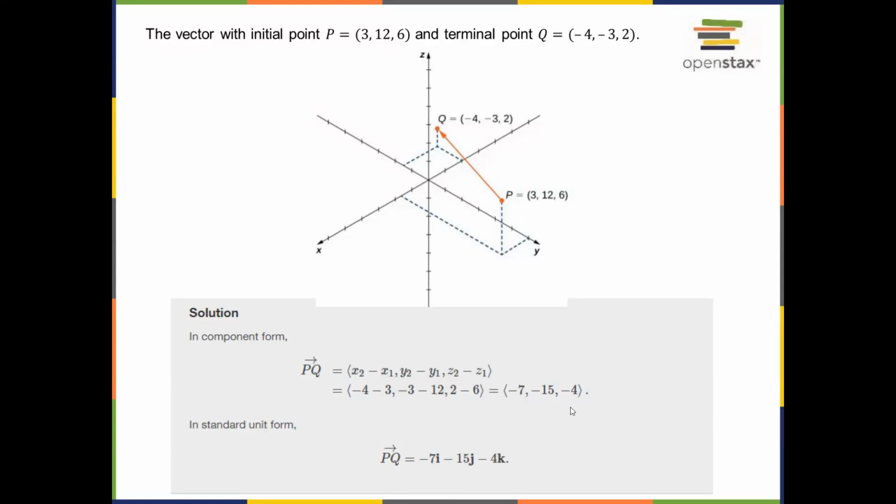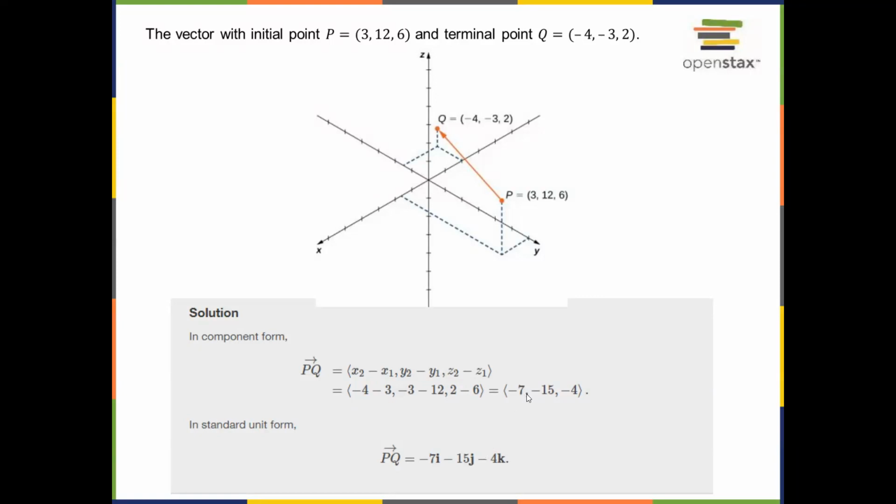Questions on how they got their answers for standard form or component form? If you did the homework already for section 1, you should feel comfortable at least seeing where they're coming from for this stuff. Okay.